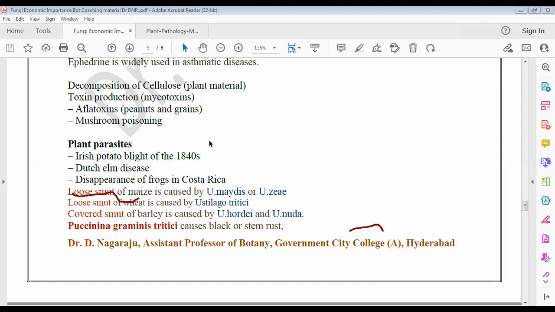Leaf spot disease of rice caused damage to the total rice crop in Bengal, West Bengal and Bangladesh. They starved and so many died. So many came from Bangladesh to our India at that time because of starvation in Bangladesh.